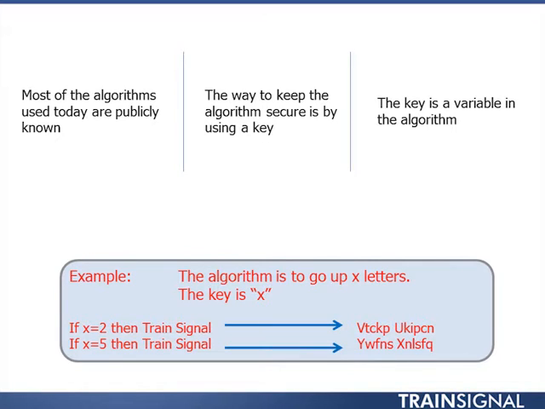So the way things stay secure is, you may have heard something out there. You hear people talk about 128-bit encryption, 256-bit encryption. Well, what that means is the key. The key that is used is a 128-bit key or a 256-bit key. That's what we're talking about.